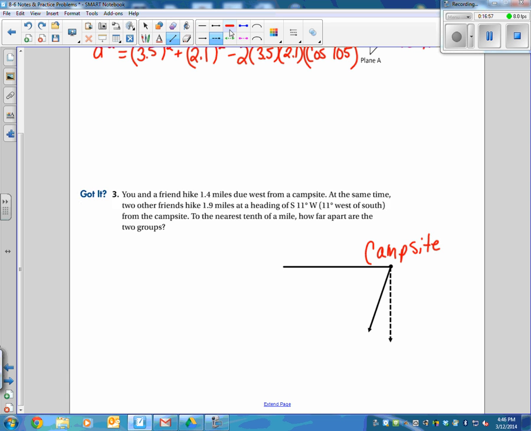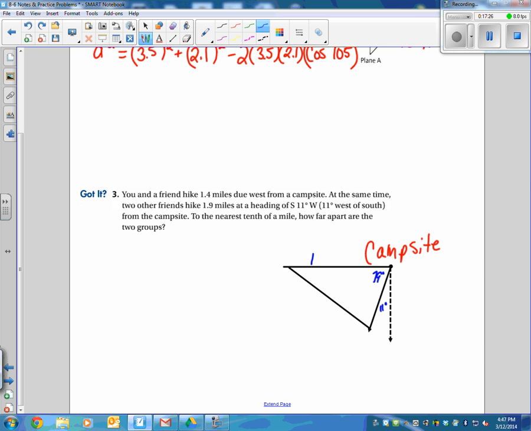So if they were 11 degrees here off of southwest, then this right here would be 90 minus 11 degrees. So 90 minus 11 degrees would give us 79 degrees. So we're going to say this value is 79 degrees.